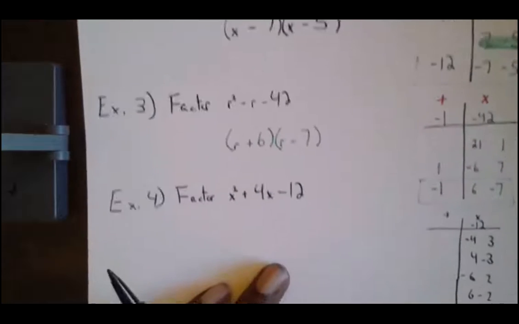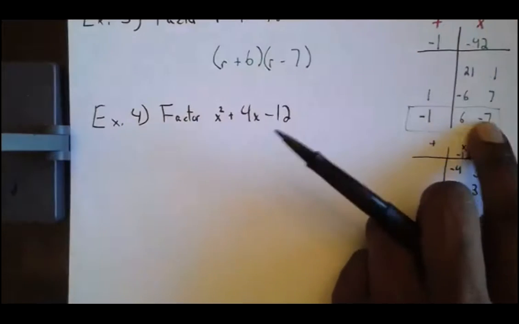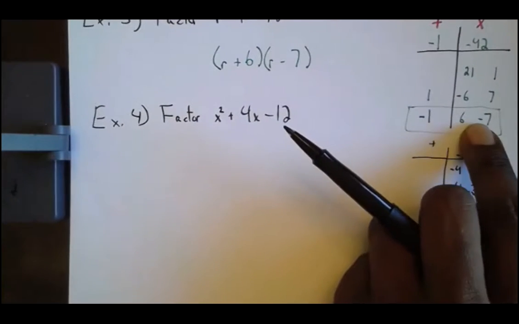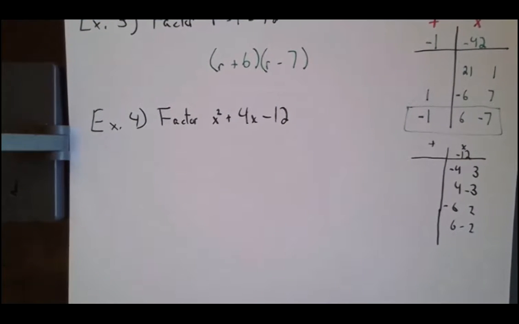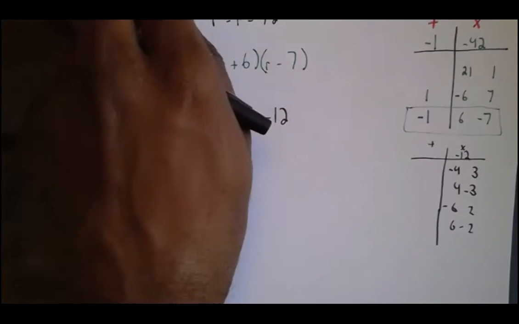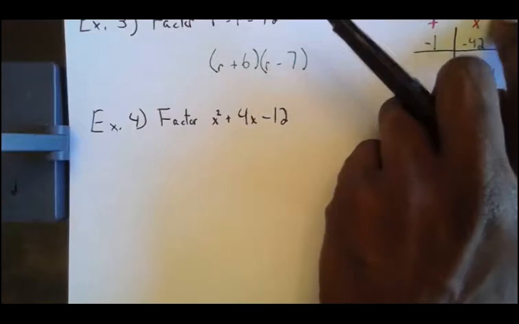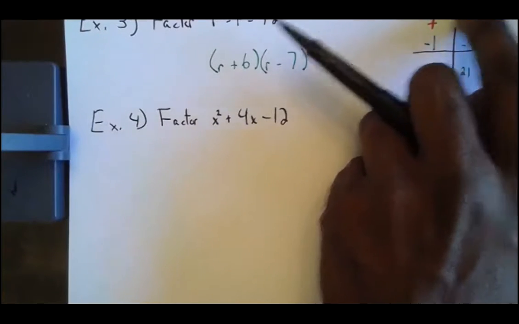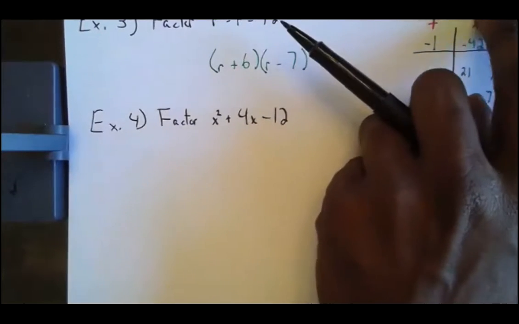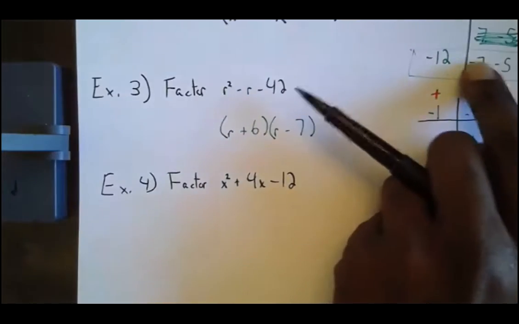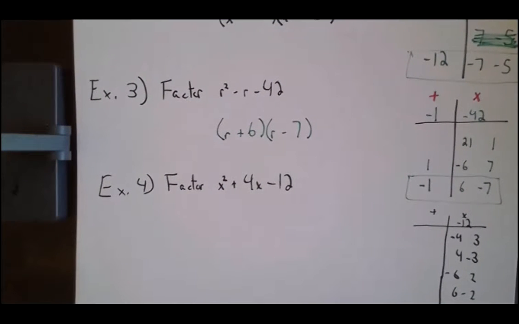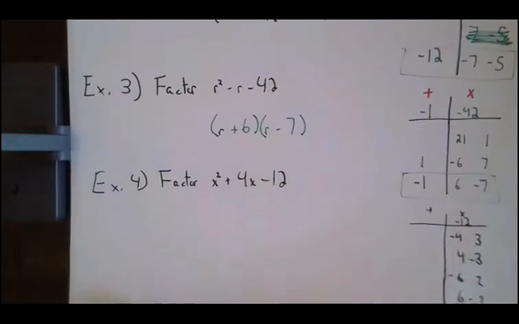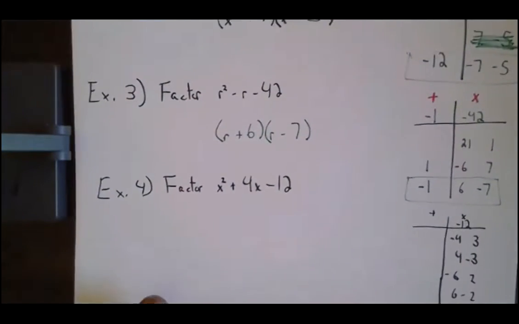The only time it's different is if the signs are different, and then I have to take the sign of the higher number. So in example 2, they're both negative, because that's what would give me a negative 12: I would have to add them to get negative 12. Okay, good question.